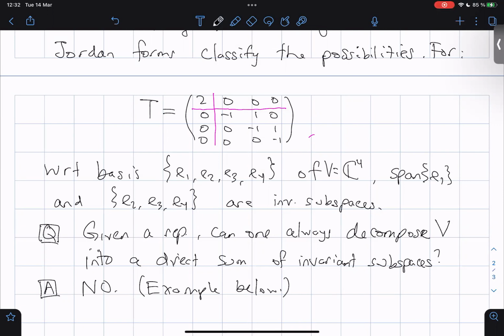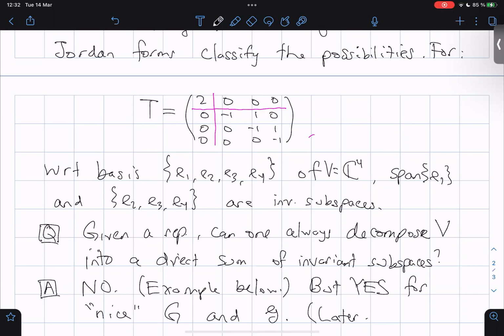But the good news is that the answer is yes for nice G and the corresponding Lie algebras. What I'm referring to here, given a representation, can one always decompose into a direct sum of invariant subspaces, is the so-called complete reducibility property. We'll get to that in more detail later.